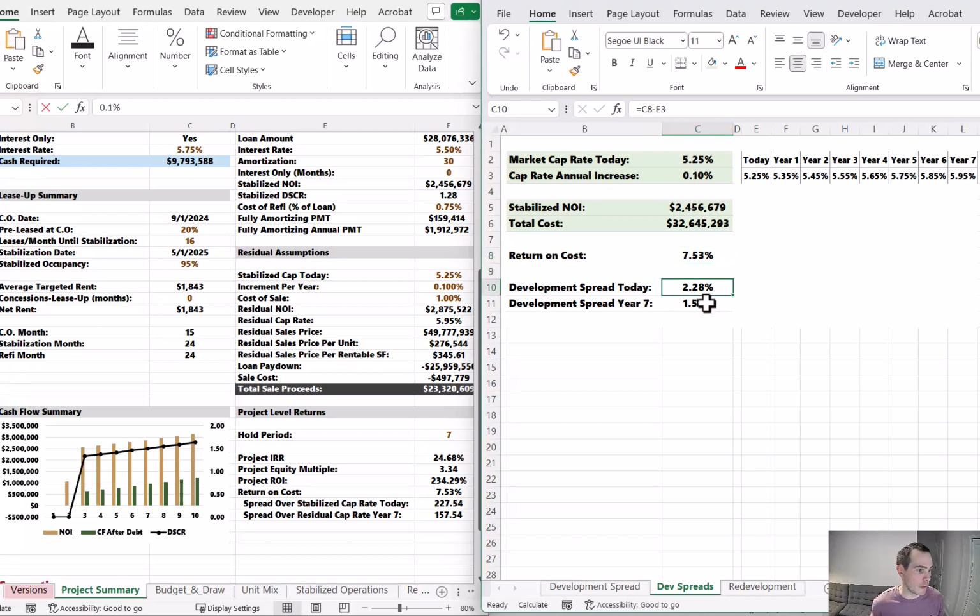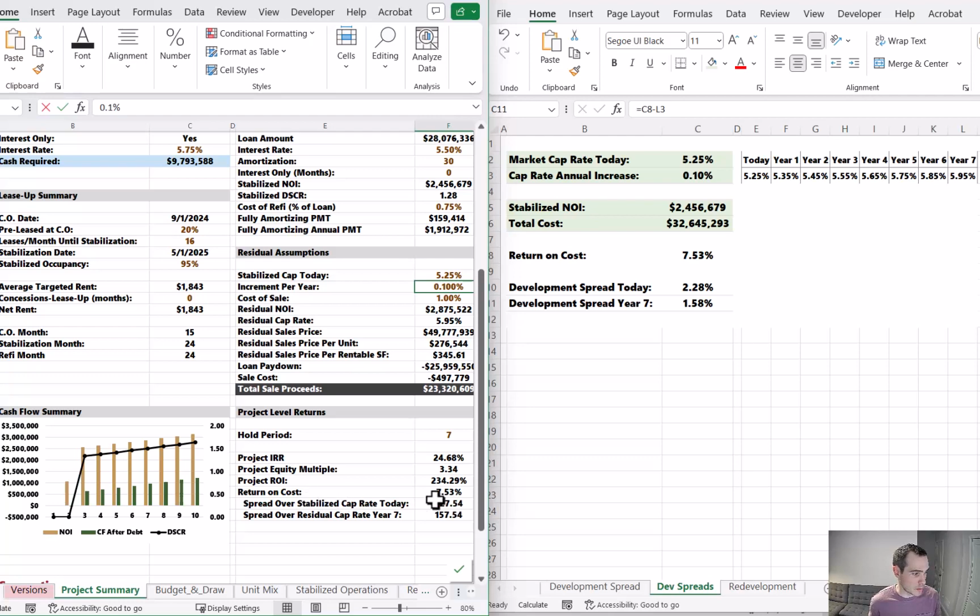So here we still have a 1.58%, which still feels really good given that this is 7 years out from today. So in summary, in the development model, we're calculating the return on cost, and then we're benchmarking that return on cost against the stabilized cap rate today.